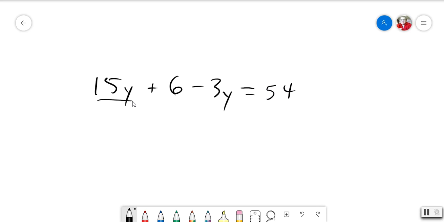First thing I do is I get my like terms together. The way I say this in class, and you've heard me say this before, is you have to simplify, which means like terms together.